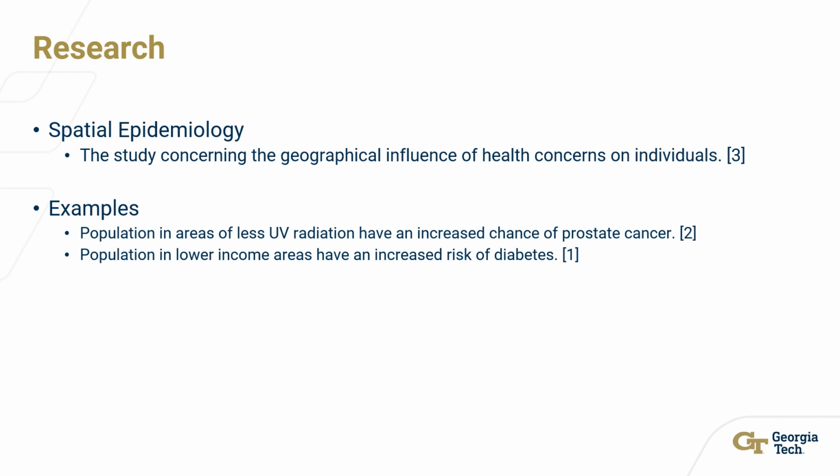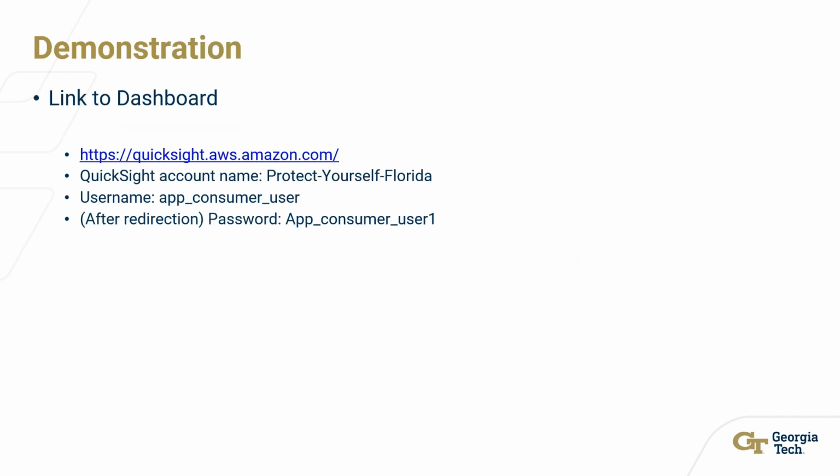Research examples found include population in areas of less UV radiation have an increased risk of prostate cancer. Additionally, lower income areas have increased risk of diabetes. These are the research examples in the need finding stage of development, and actual health conditions tracked in the Protect Yourself Florida application will be shown in the demonstration of the application.